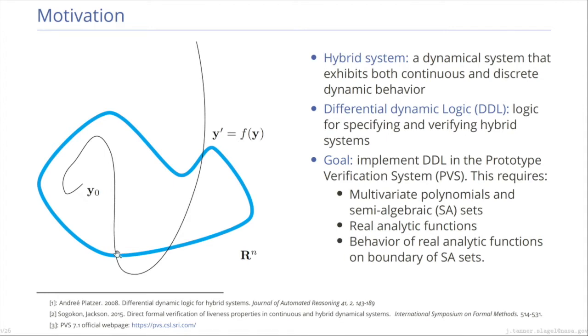You'll see right here, this is what I like to call a clean exit. It's in the semi-algebraic set, but then the real analytic function breaks out of it, and it's entirely on the outside of this semi-algebraic set. There's no weird infinite oscillations around the boundary. The behavior is pretty nice. This is a very fundamental property.